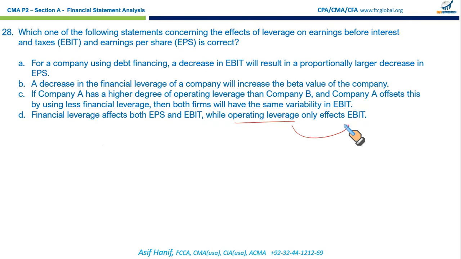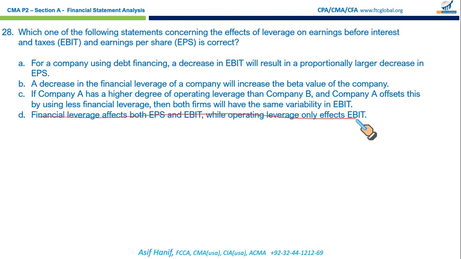Operating leverage affects EBIT. Financial leverage affects EBT, not EBIT, because interest is the effect of financial leverage. So please remember, financial leverage affects EPS, EBT and net income, but it does not affect EBIT because this is the income before interest. So the first part is wrong, the second is correct, but the whole statement is wrong.